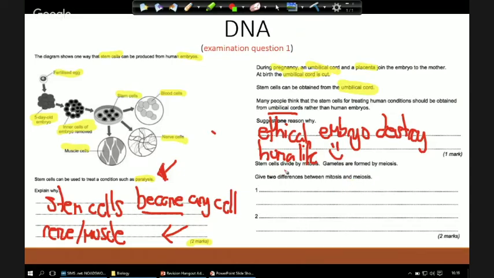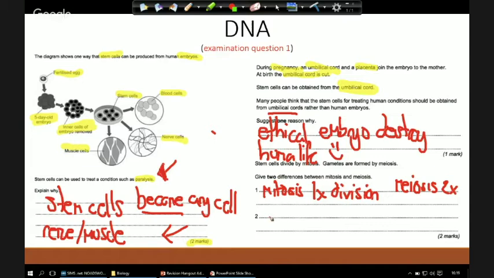And finally, stem cells divide by mitosis. Gametes are formed by meiosis. Give 2 differences between mitosis and meiosis. Well, mitosis is 1 cell division. Meiosis is 2.